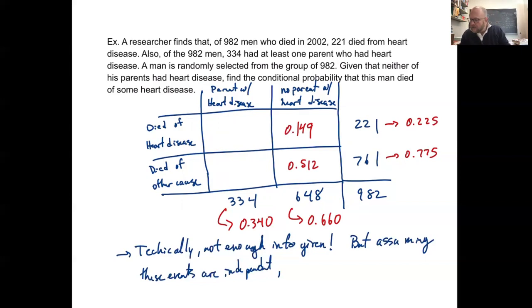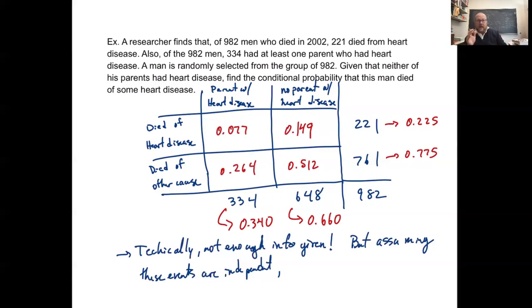And then going ahead with the others, 0.340 times 0.225, you get 0.077 here. And then you could just do subtraction to get the other parts, but doing subtraction with the calculator is no harder than doing multiplication. So 0.264.